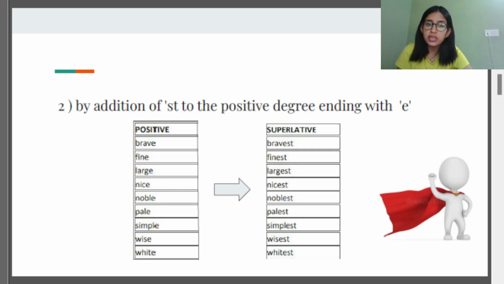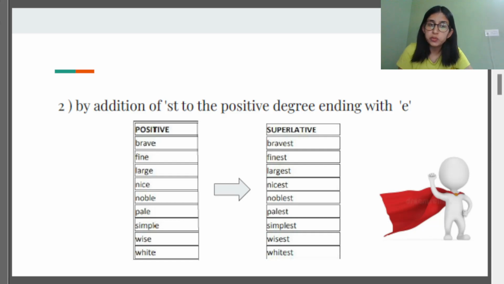So instead of using est, we'll be using st only, and brave will become bravest. In the same way, fine will become finest, large will become largest, nice will become nicest, noble will become noblest, pale will become palest, simple will become simplest, wise will become wisest, and white will become the whitest.